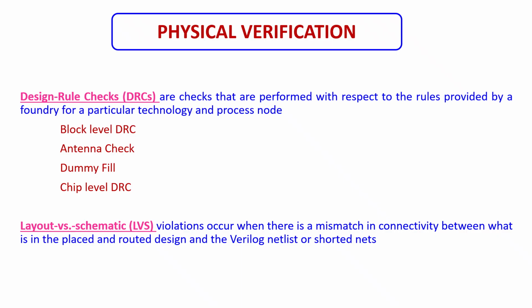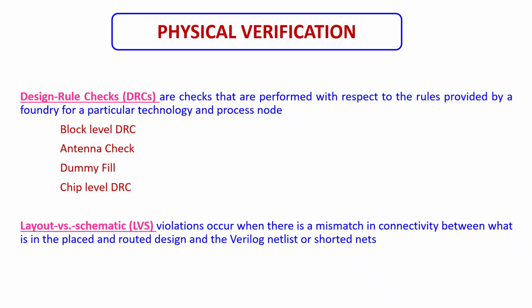Even if one metal line is too close, a DRC error occurs. And if a wire is too small, a DRC error occurs. So, a physical design must be done in such a way that it satisfies the DRC rules. And in DRC, we do block level DRC, antenna check, dummy fill, and chip level DRC.